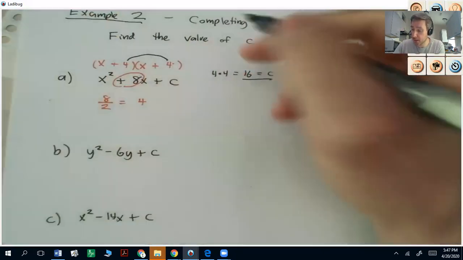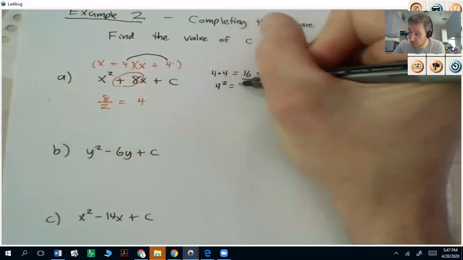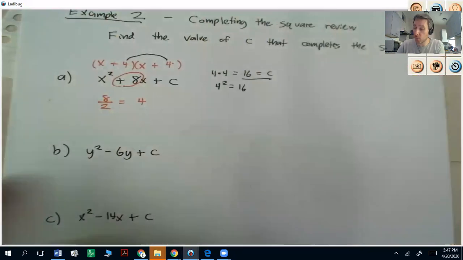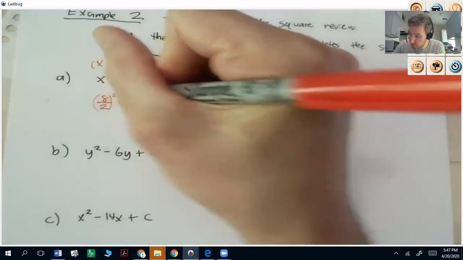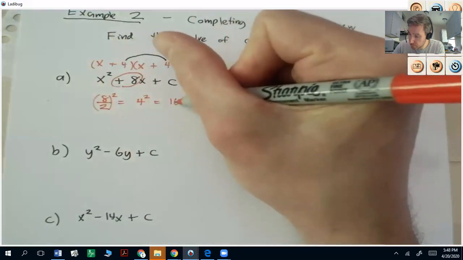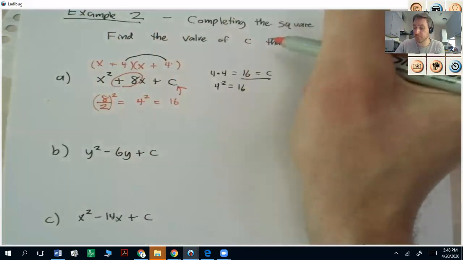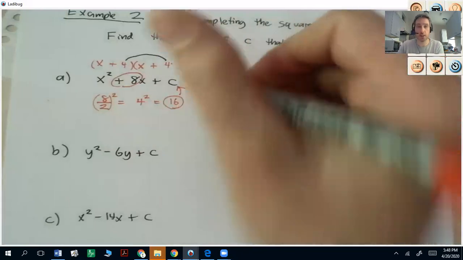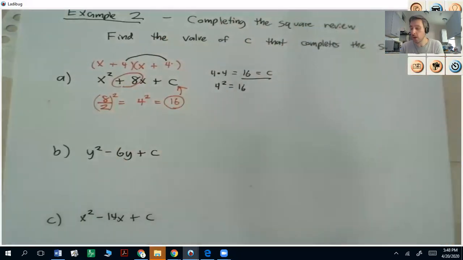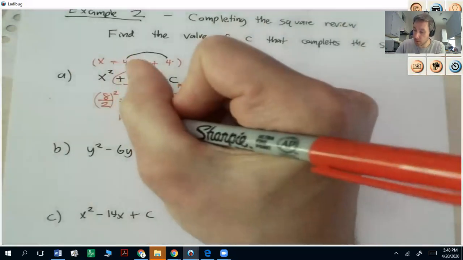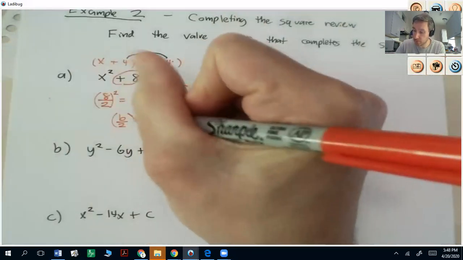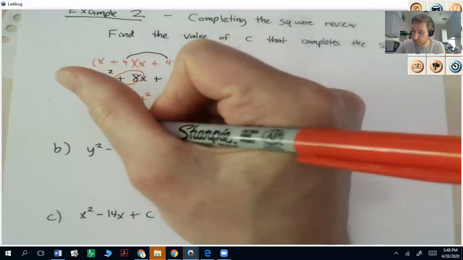Well, that's the same thing as saying 4 squared, right? So we're going to square that number. And that's going to be that value there. That's the process called completing the square. So completing the square is taking that b term, dividing by 2, and squaring it. That's what you want to do.